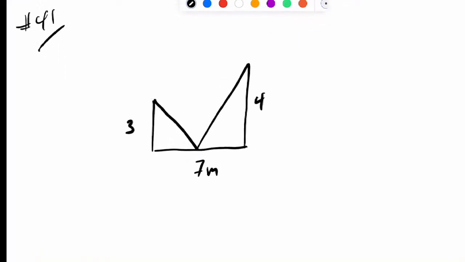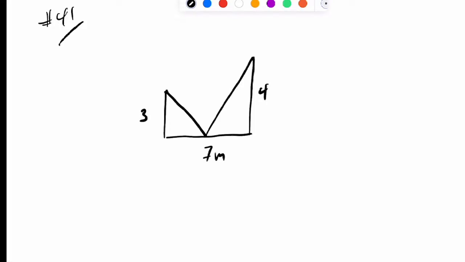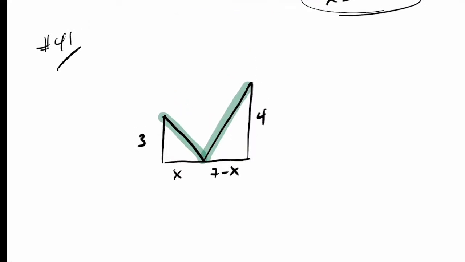So this is kind of like the wire question a bit, because this is x and this is 7 minus x, and you're looking to minimize this length here. You guys see that? So this is 41. So again, you break this up. I know this length here is the square root of 9 plus x squared.